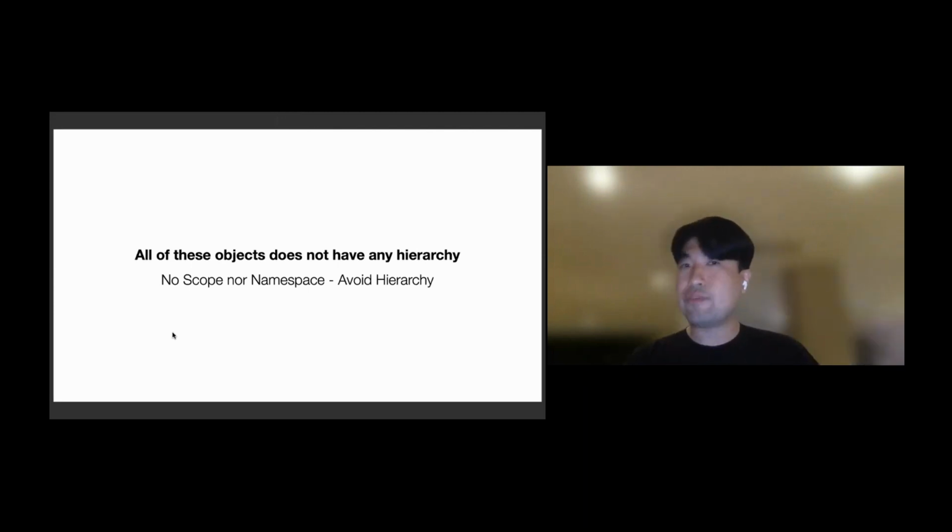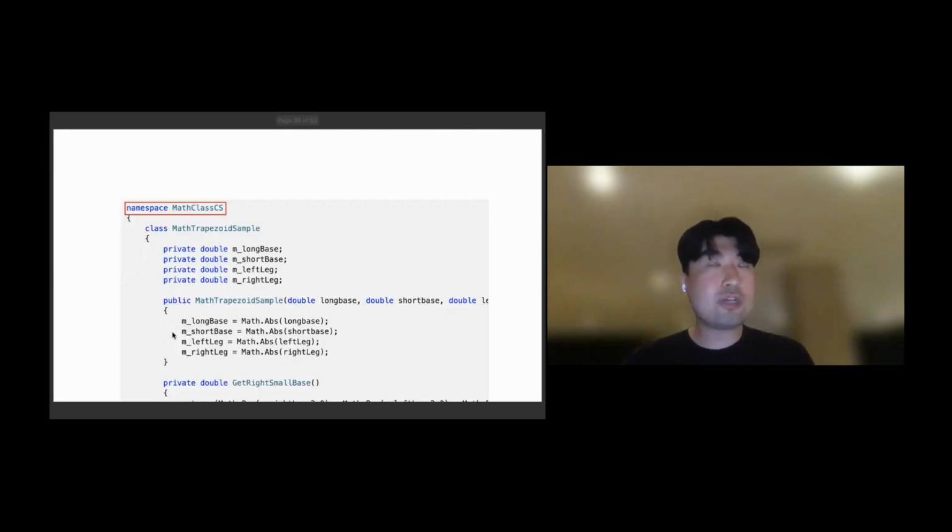And the more important part is that all of these objects do not have any hierarchy, because in Max, different from other object-oriented programming paradigms, there aren't any scopes or namespaces. To elaborate a little more, in most object-oriented programming languages, there is this concept called scope and hierarchy. For example, this is a reference from the documentation of the C++ language, an object-oriented programming language, where all of the math-related modules, such as minimum and maximum, are inside the math class.